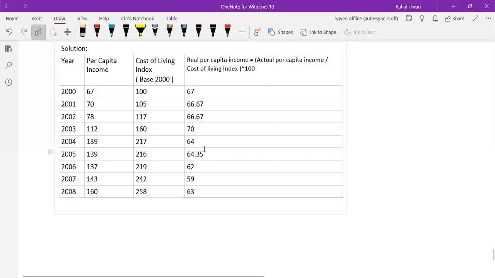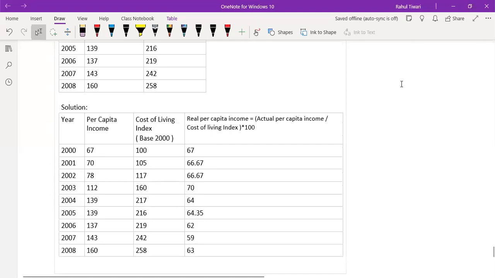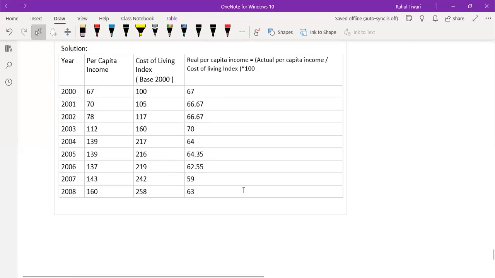Any question, anyone? 2006 का आएगा 62.55. 2006 का 62.55. Anything else? 2008 का 62.01. Fine.